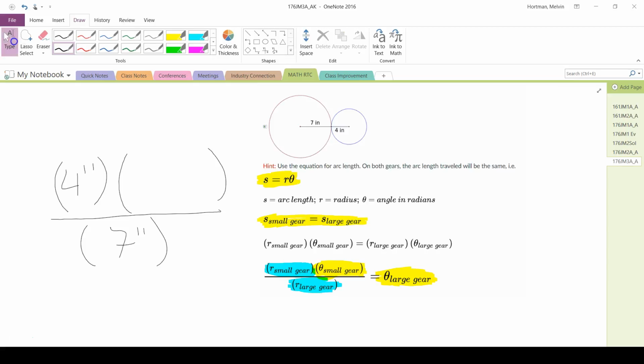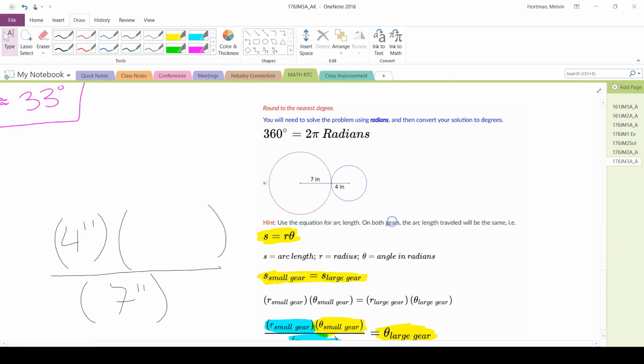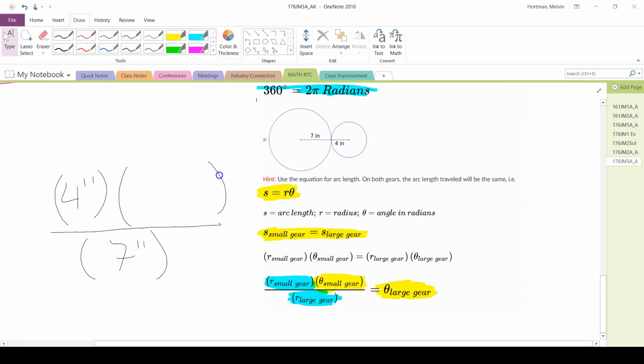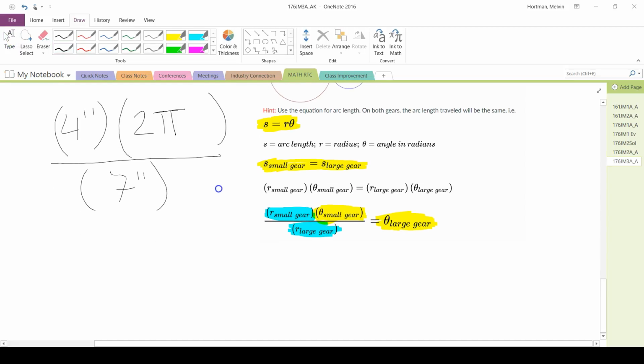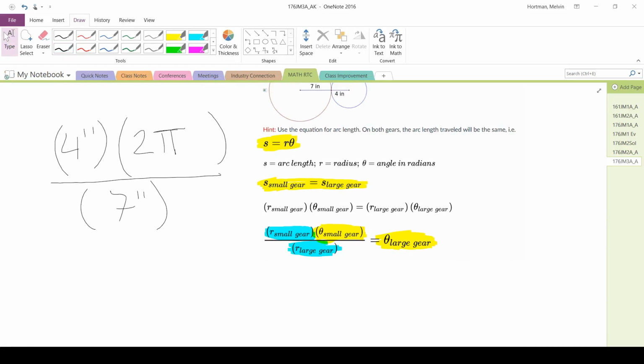And as we saw above, 360 degrees is equal to 2 pi radians. So let's put in 2 pi here. So if we were to solve for this, we would get 8 pi divided by 7.